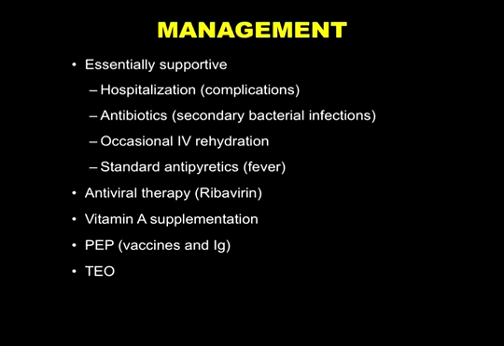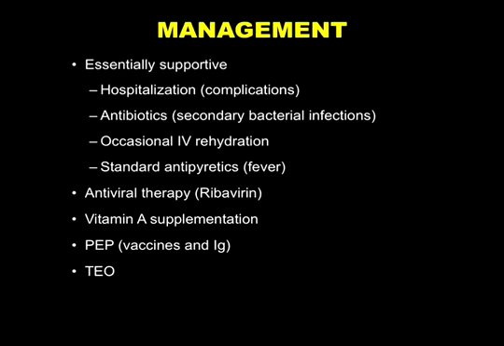And then antiviral therapy, ribavirin especially, has been used, but mainly in the adult populations, really. And they have also used it for the management of SSPE. Okay? And I don't think we have it here. And then vitamin A. Usually these children, you need to give them vitamin A. There I put supplementation, but it is part of the treatment, really.